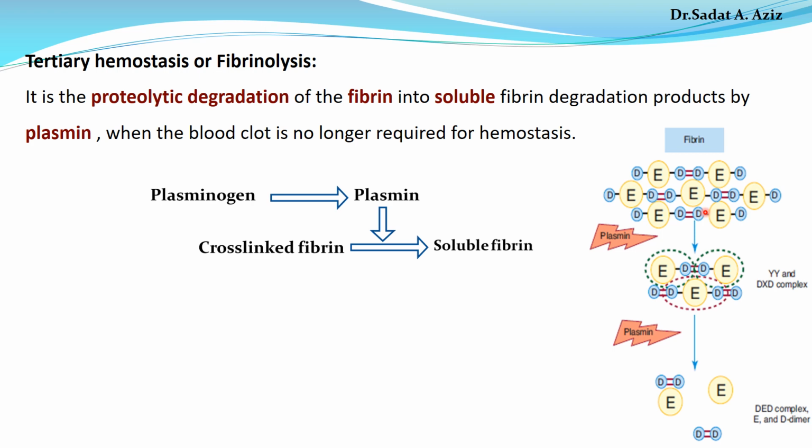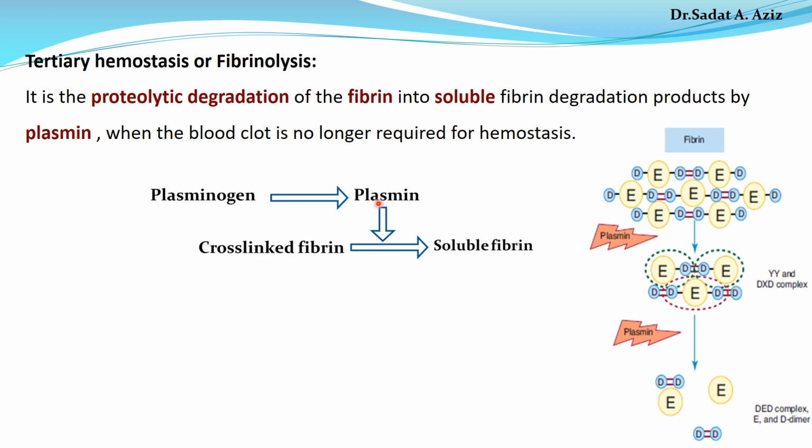So in the process of fibrinolysis, or tertiary hemostasis, the formed fibrin is removed with the aid of a specific enzyme called plasmin. At first, during this process, the plasminogen is activated into what?